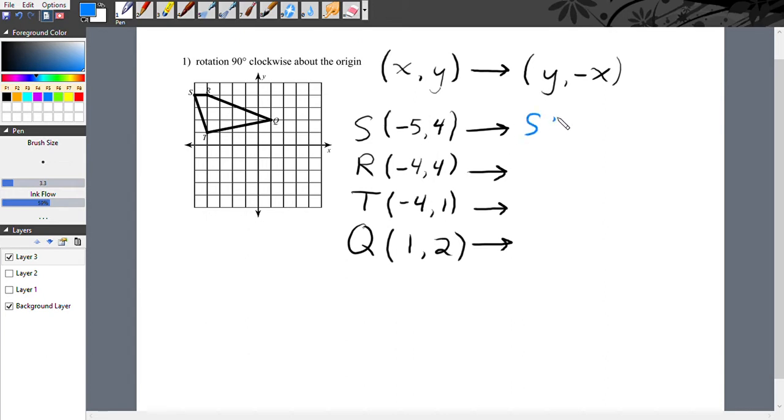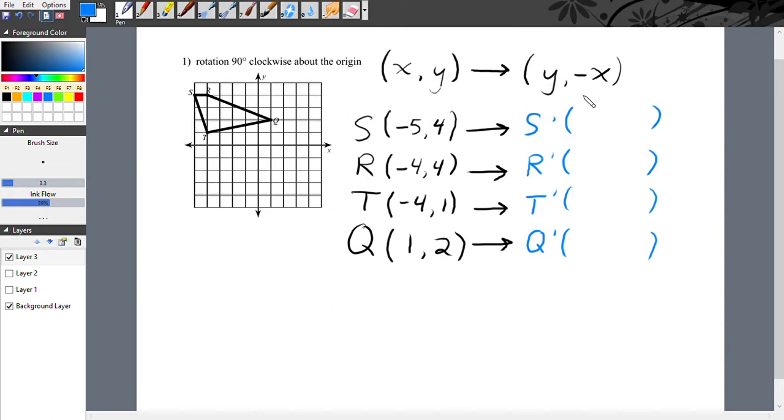Now when we translate those and we get our new prime points for our rotation, we need to apply our rule to it. This is why we are using our rules, because doing this rotation, once we plot it, you're going to see it's a little difficult to just be able to see how we just turn that figure.